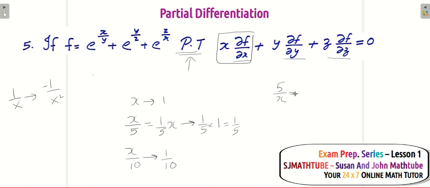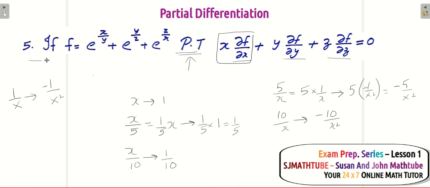So this 5 by x is 5 times 1 by x, and differentiate, and once differentiated it will give me 5 into minus 1 by x square, and that is nothing but minus 5 by x square. So if it is 10 by x, the derivative will be minus 10 by x square. Okay, you can keep all these things in your mind.